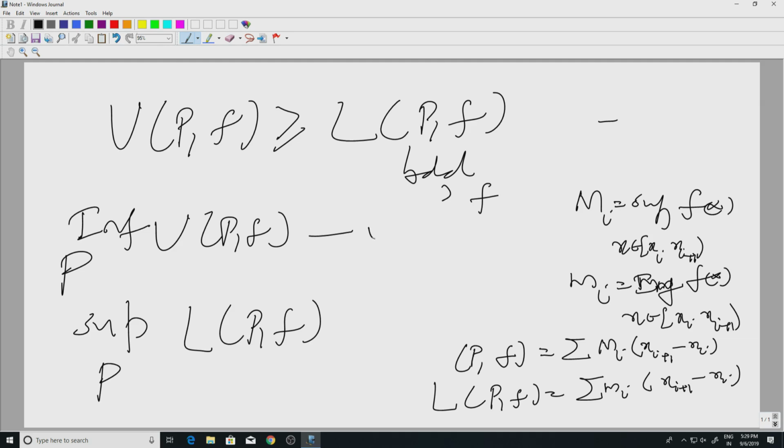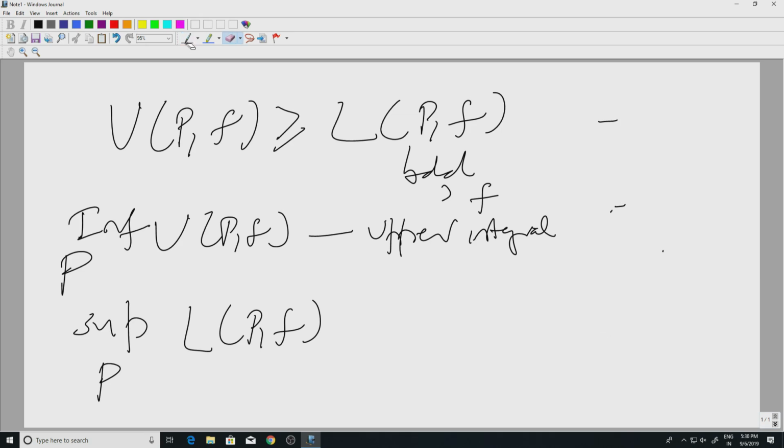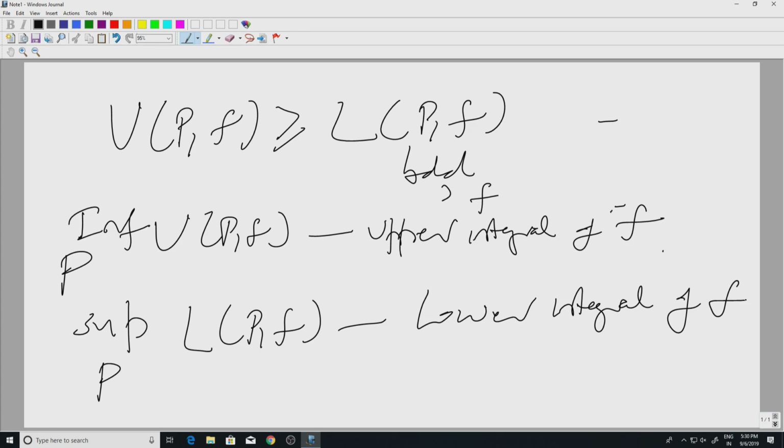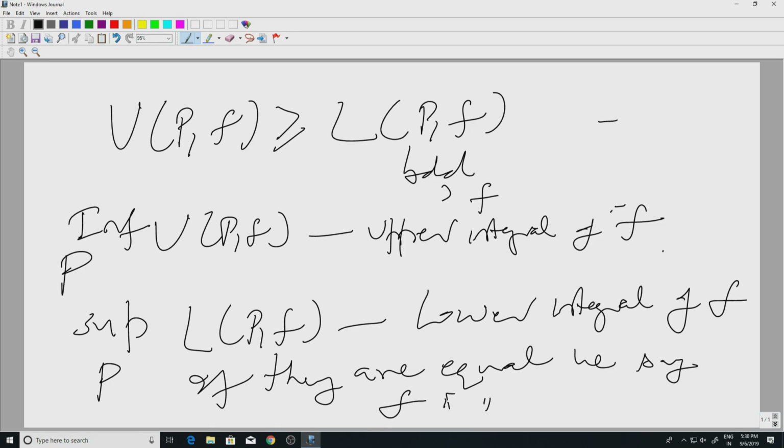So, this is called the upper integral of f and the lower integral of f. If they are equal, we say f is Riemann integrable, and the common quantity is called the Riemann integral of f over the interval I, which was 0 1.